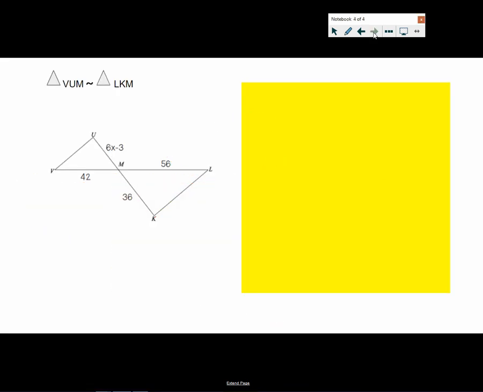Alright, so my next problem, I have two shapes that crisscross each other, but they're similar to each other. So VUM, this triangle right here, is similar to LKM. Because they're similar, and I know that VUM is similar to LKM, VU and LK are similar sides.